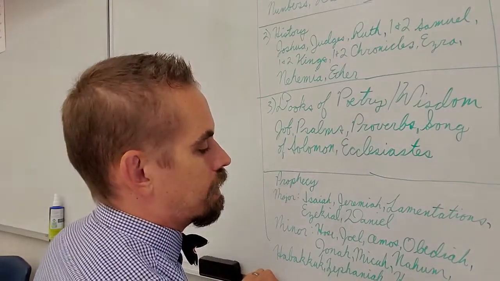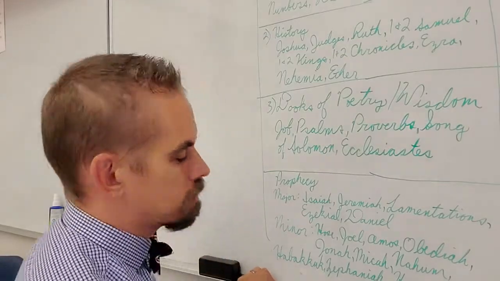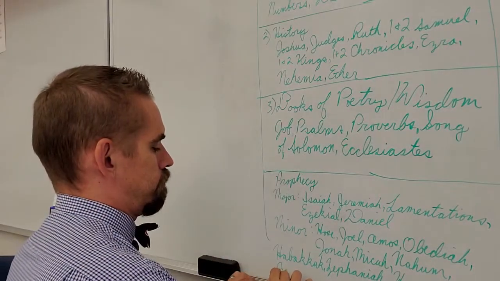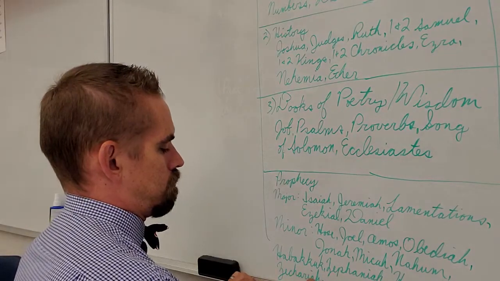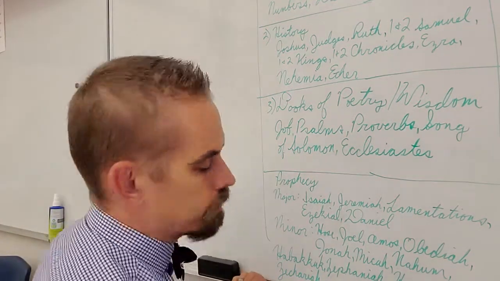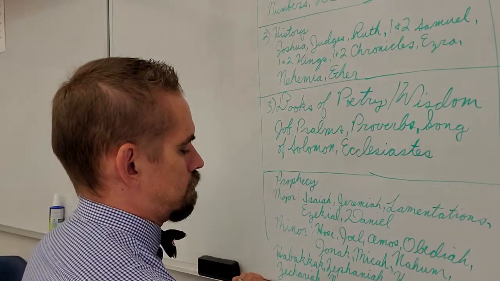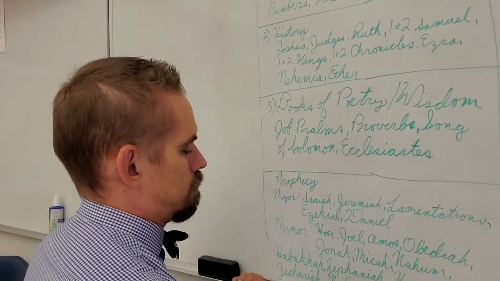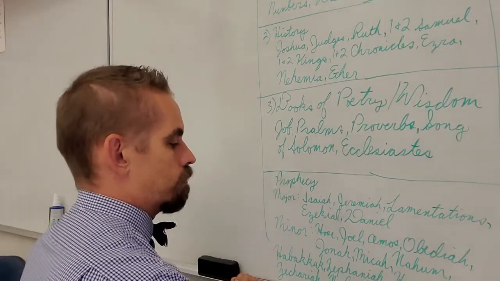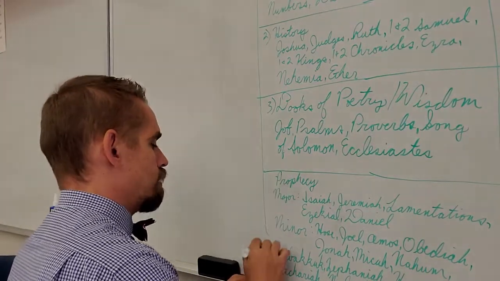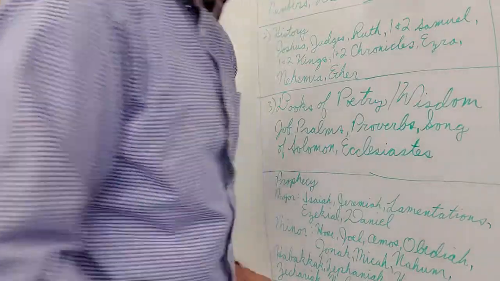Zechariah and Malachi. Let me see how to spell Malachi. And that's it. So, these are the Old Testament books of the Bible.